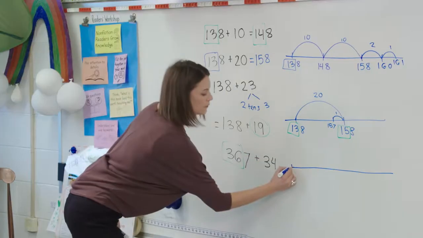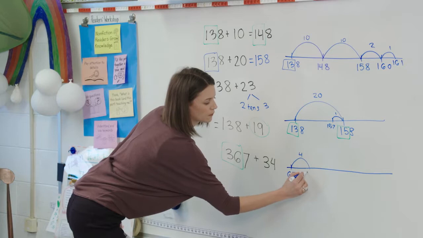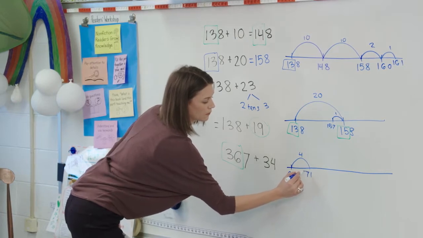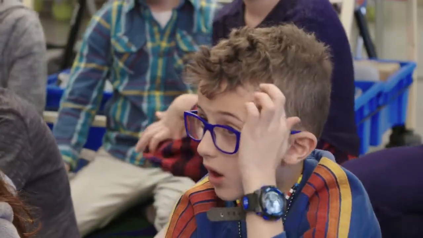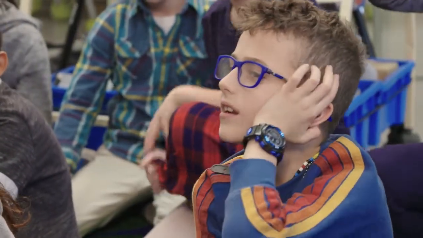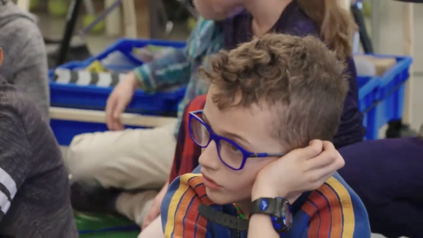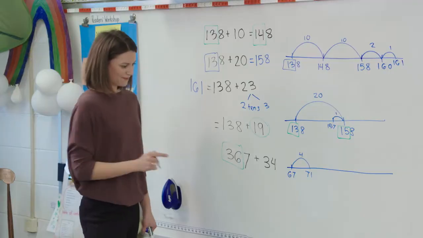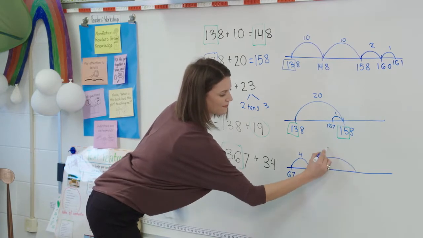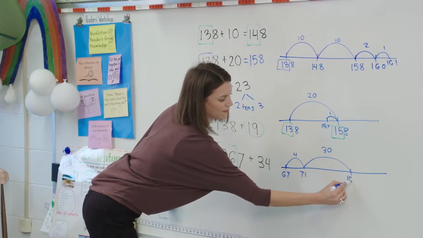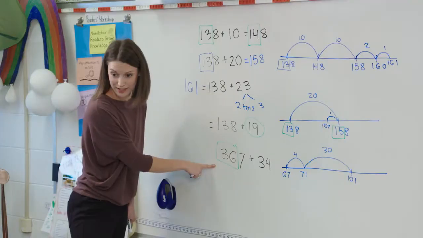That got me to 71. And then I just added the 10s on, which got me all the way to 101. But then I just decided to add the 3 on and erase the 1 at the first part, where the 3 was going to be. And then you added back on the 300? Yeah. Is that what you're saying?